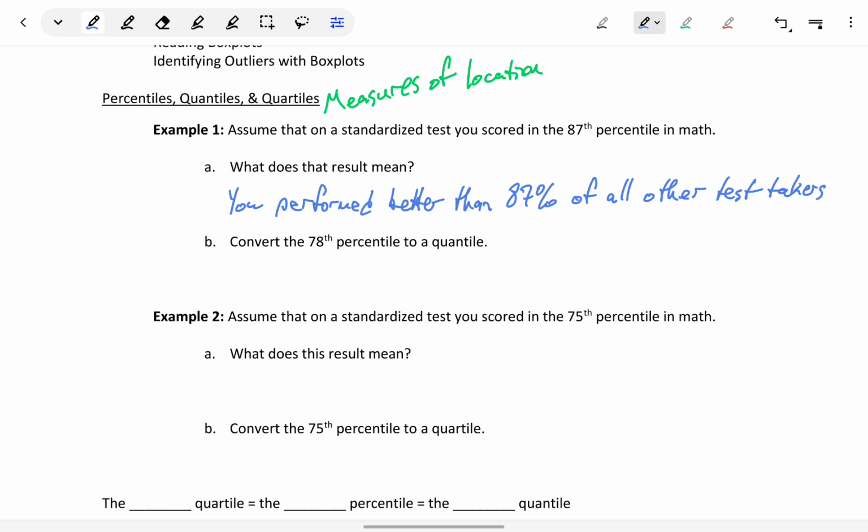Whatever score you received put you at the 87th percentile. And again, 87% of people came up with some score that was lower than that.